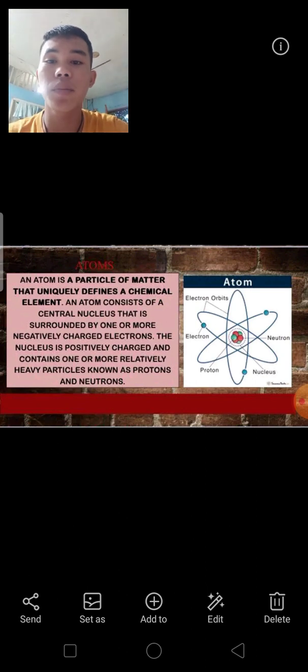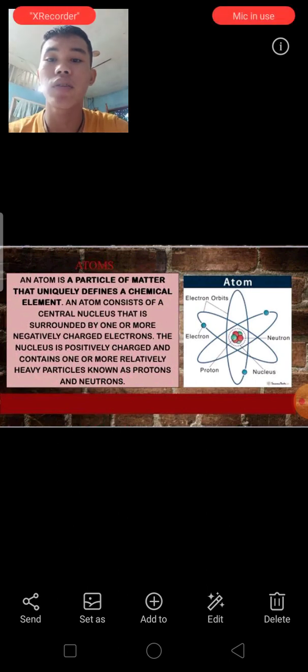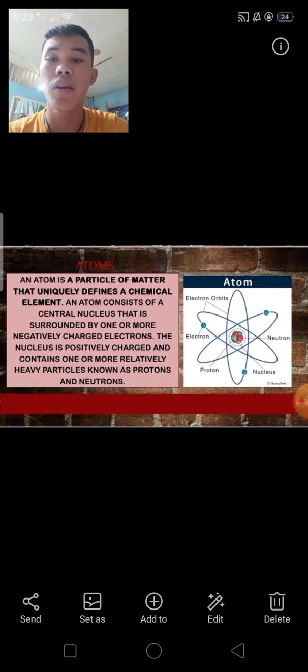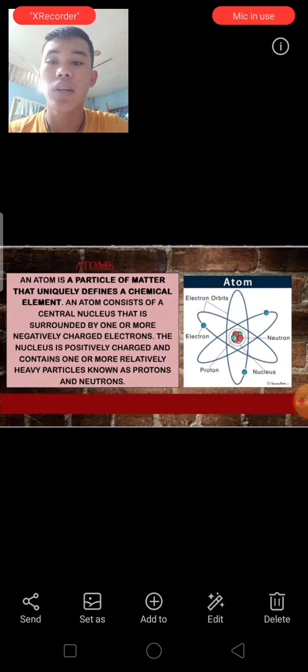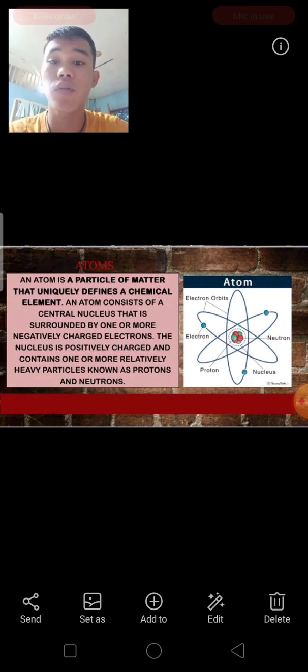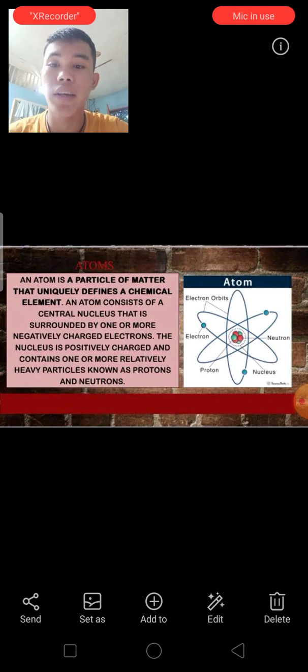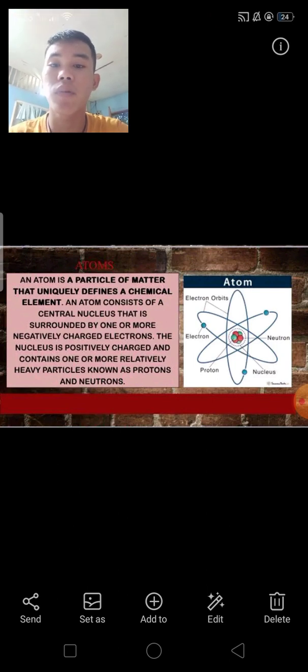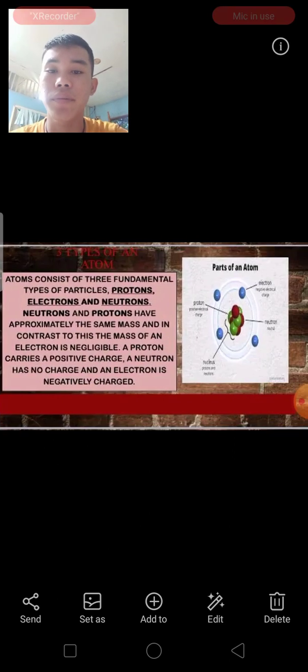An atom is a particle of matter that uniquely defines a chemical element. An atom consists of a central nucleus that is surrounded by one or more negatively charged electrons. The nucleus is positively charged and contains one or more relatively heavy particles known as protons and neutrons.